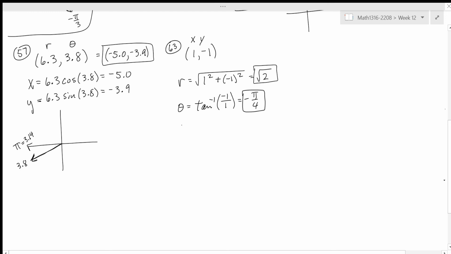Okay, so now we can say that the ordered pair is square root of 2 and, okay, good, 7 pi over 4. What? Negative pi over 4. So my answer is 7 pi over 4.